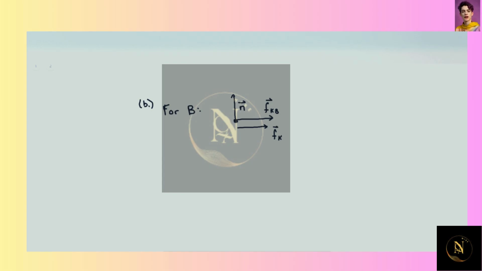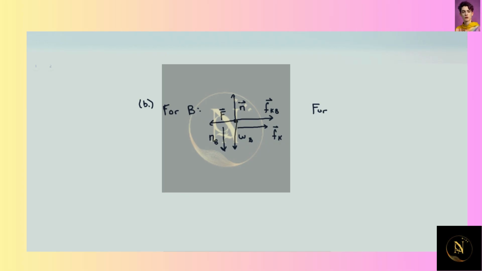One is between A and B, and then the other is between B and the ground. There's also a weight force of block B. And there's also a normal force from block A now being put down on block B. And there's also our force that we're applying to the left.